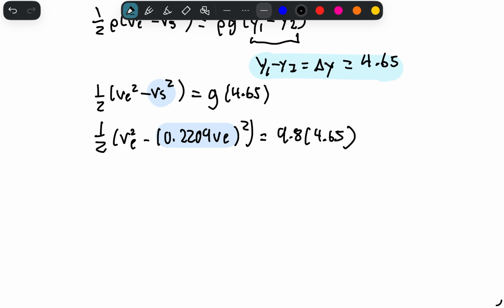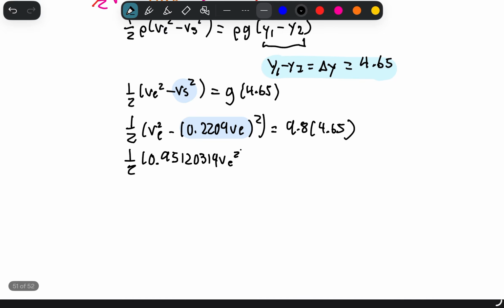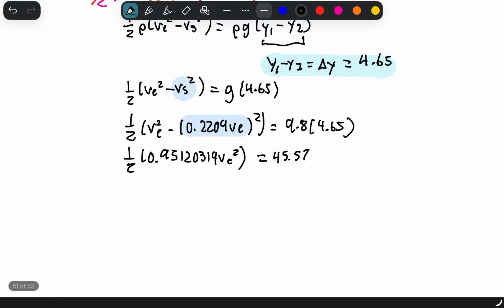This is going to be equal to 0.09095120319 Ve squared. And this is equal to 45.57, because you can take that Ve and factor it out. And then multiplying that by 1/2, you would get 0.475601595 Ve squared is equal to 45.57.